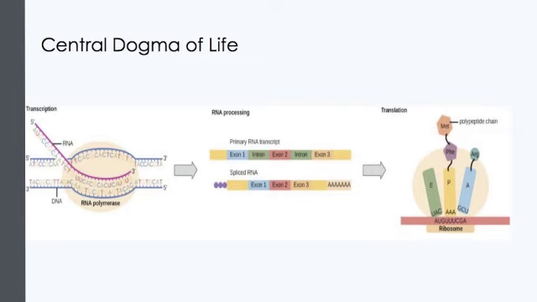Well, keep in mind that there are only 4 different nucleotides in DNA: A, G, C, and T. And there are only 4 different kinds of nucleotides in RNA: A, G, C, and U. In translation, these 4 must somehow specify 20 amino acids.